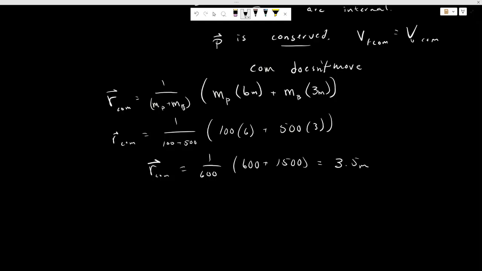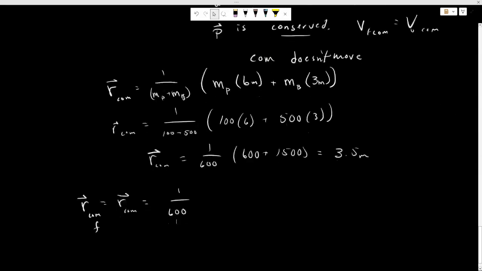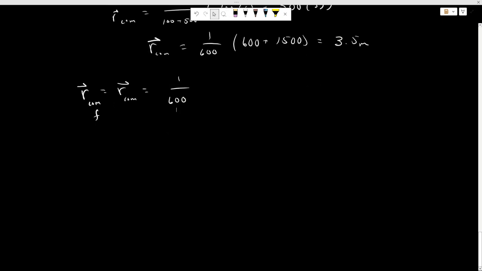I know that that has to stay exactly there, because as the person moves, the boat is also going to move. So now R_COM final has to equal R_COM. But in this case, it's going to be still 1 over 600, because the person is not going to change mass and the boat will not change mass.